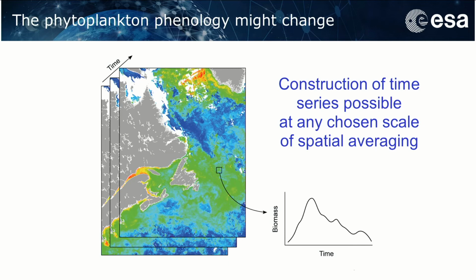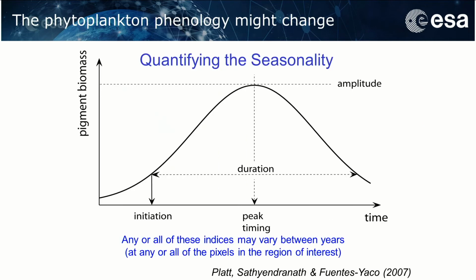This is just an example from the Northwest Atlantic. To quantify metrics of phytoplankton phenology, we look at things like the initiation of the phytoplankton bloom, how long it lasts, its duration, its peak timing and its amplitude. All of these indices may change from year to year.